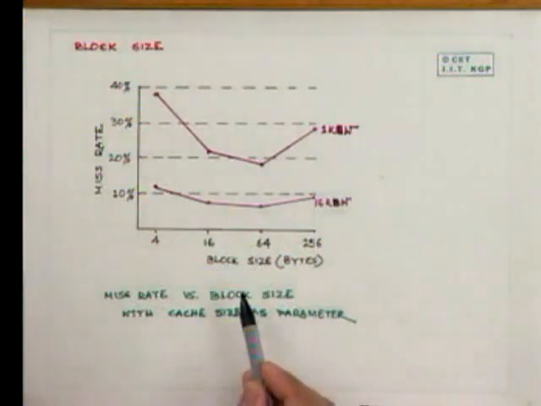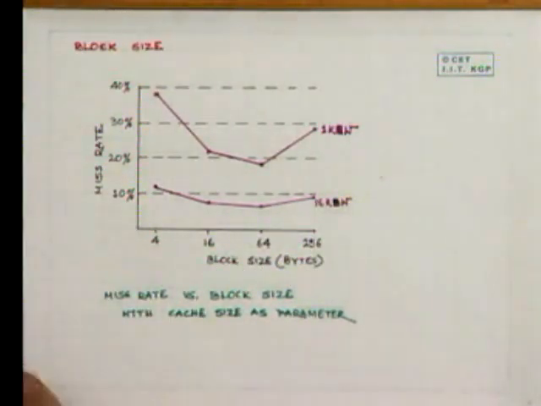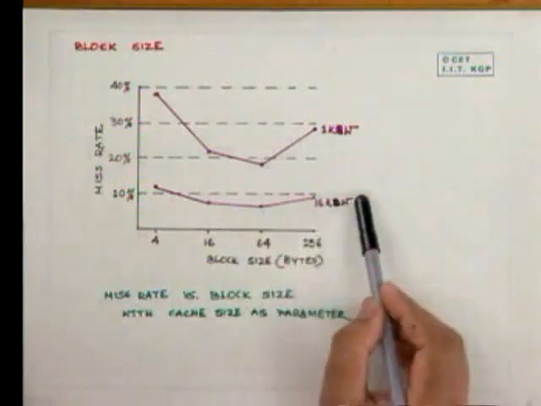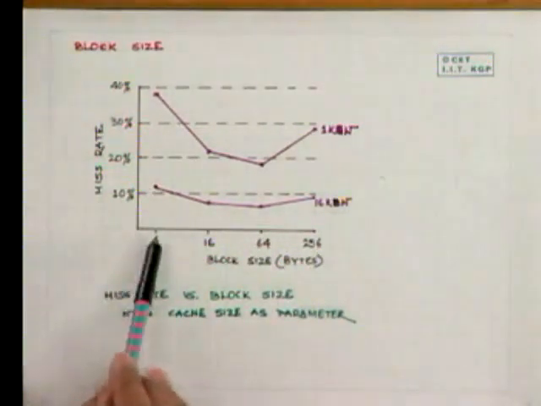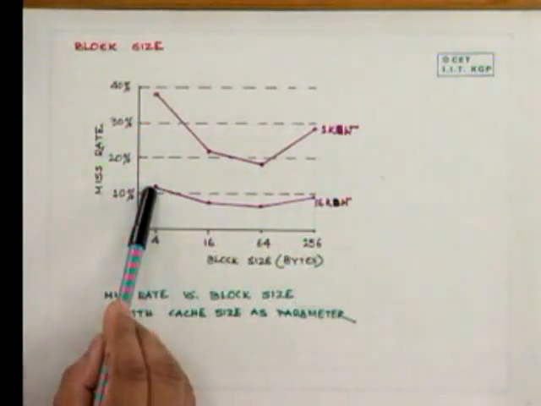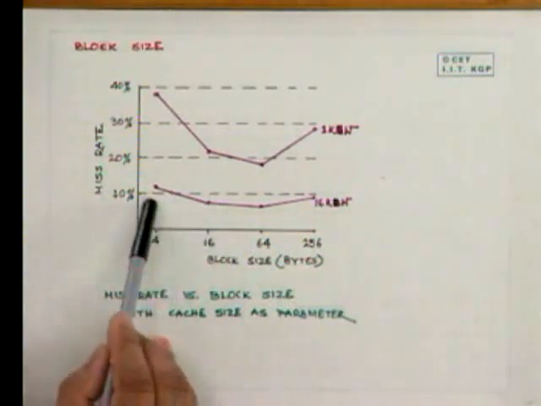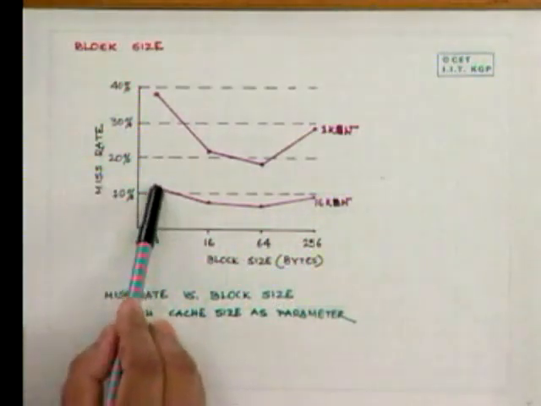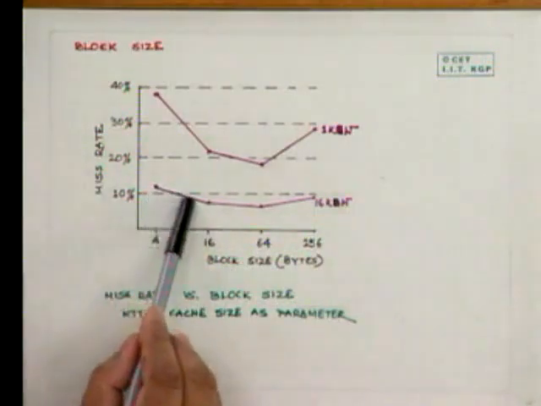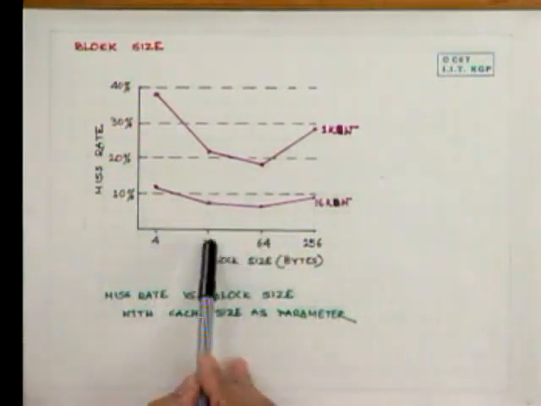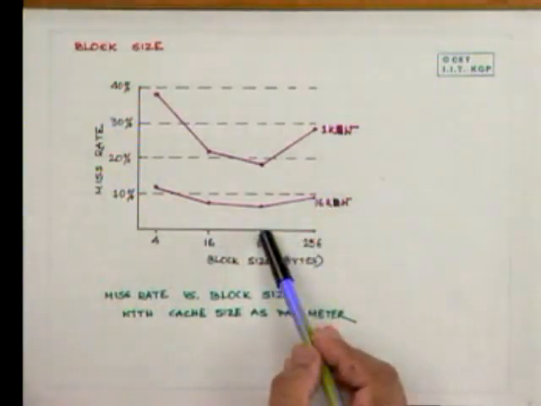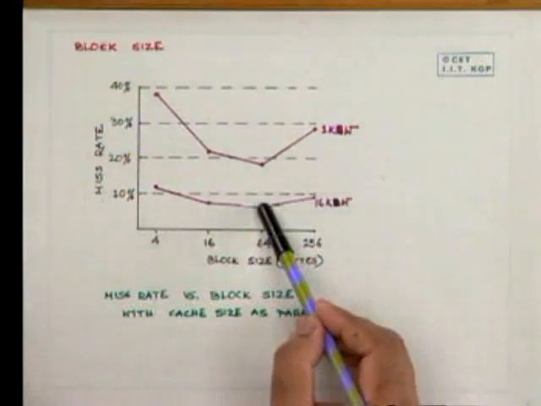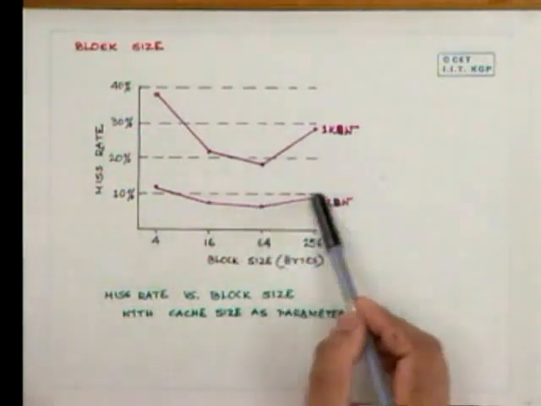Now you see that initially, if the block size increases, for example from 4 byte to 16 byte, the miss rate decreases. It was slightly higher than 10%. It decreases further if we increase the block size, but the moment we try to increase it further, the miss rate increases once more.